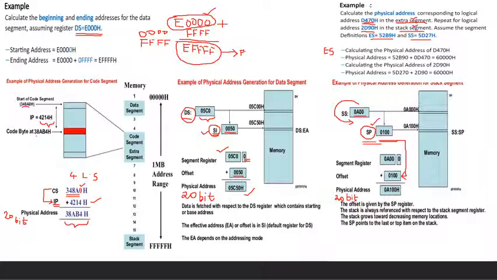This D470 is left shifted and added with 52B9, by means of which a 20-bit physical address is generated. The same is done for finding the stack segment. For the stack segment, the offset will be in the stack pointer. That is taken and a new address is generated.